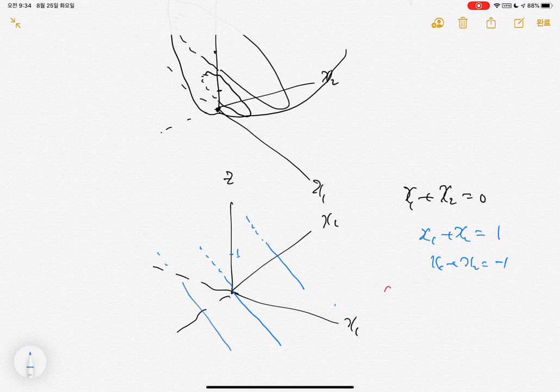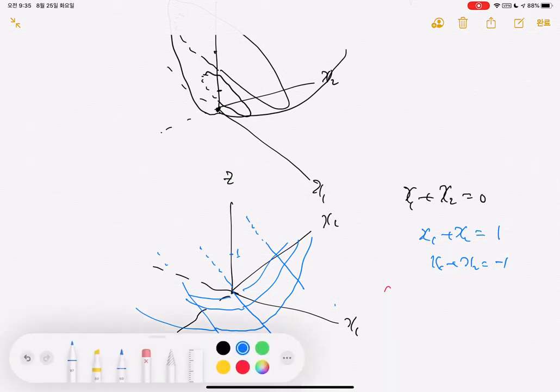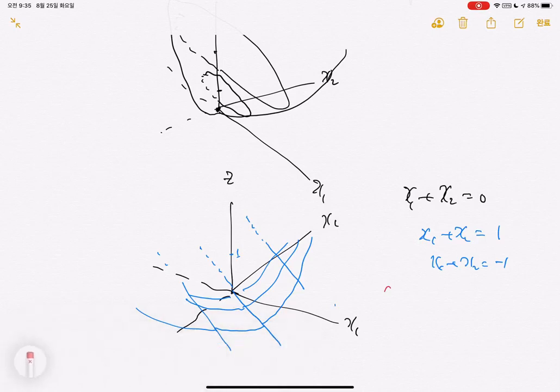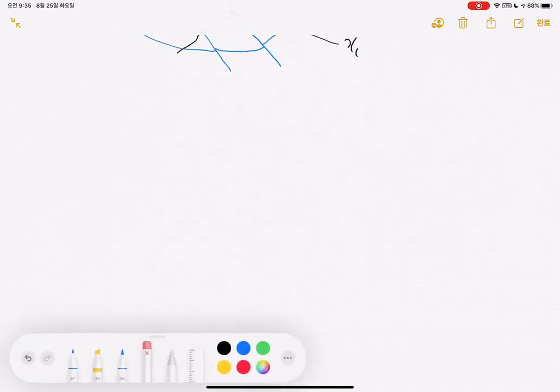So by changing that continuously, you can see that it's like this. Right? The three-dimensional shape of this quadratic form gives you a valley-like shape.